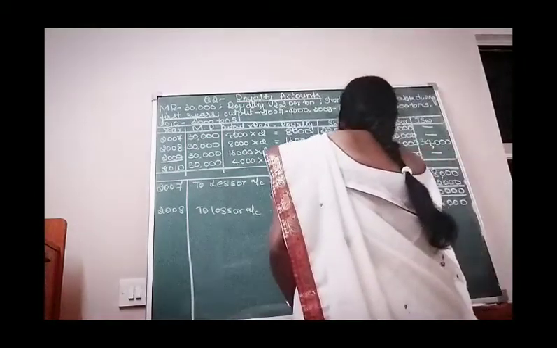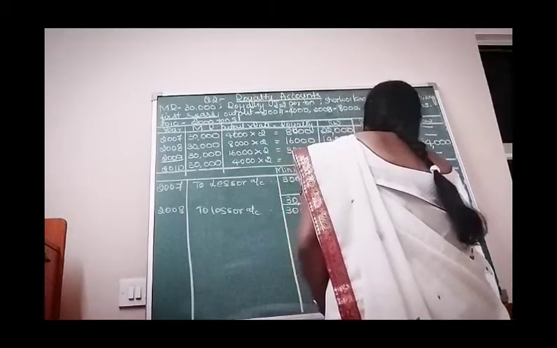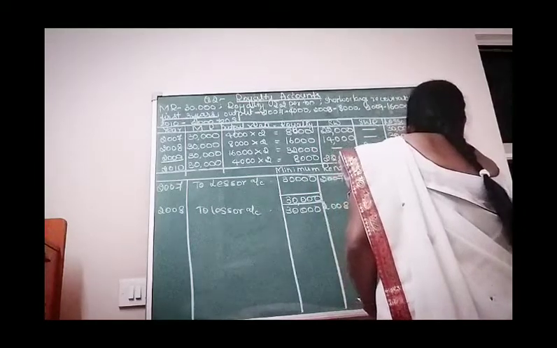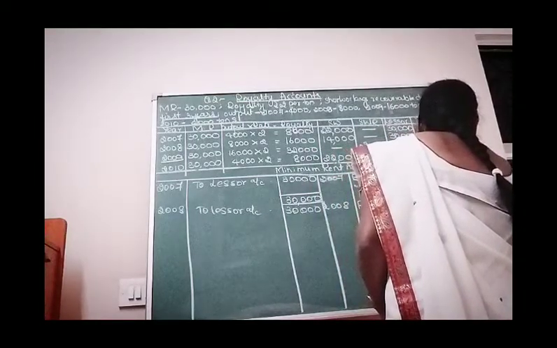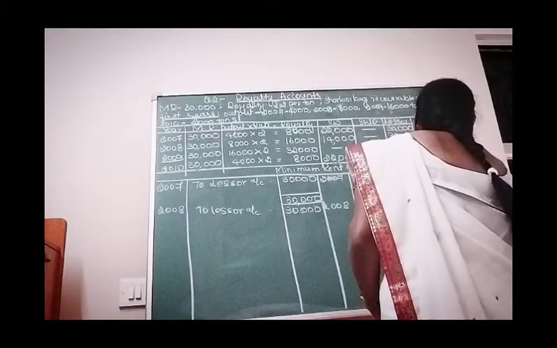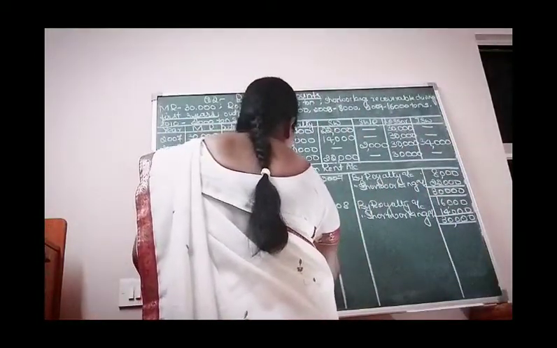And it also includes short workings of rupees 14,000, which makes the total 30,000. Both the sets you will come across 30,000.